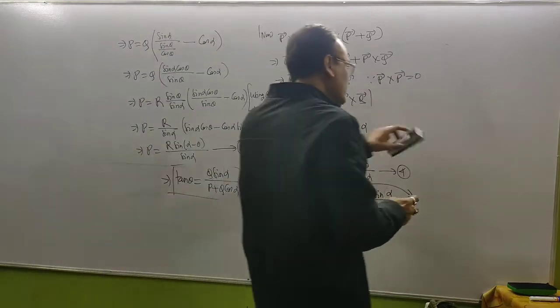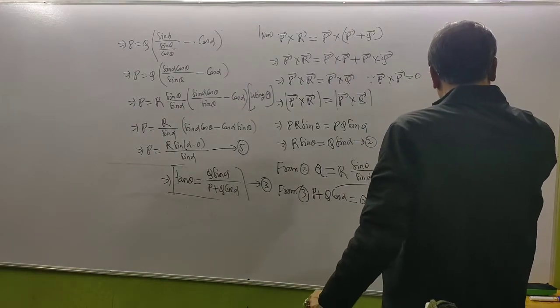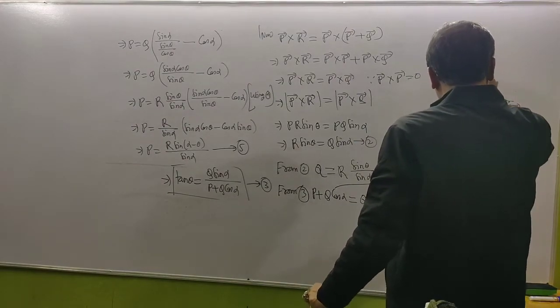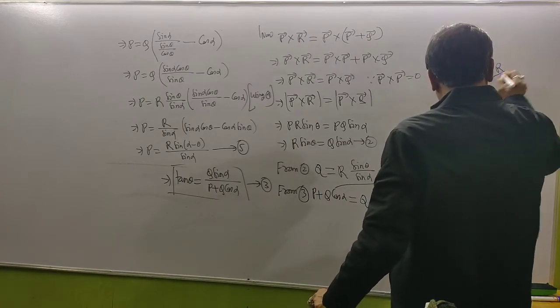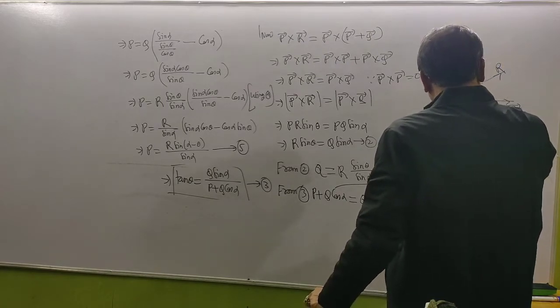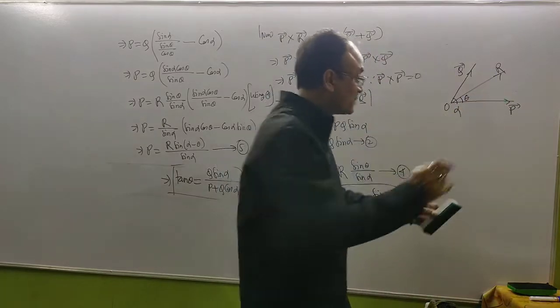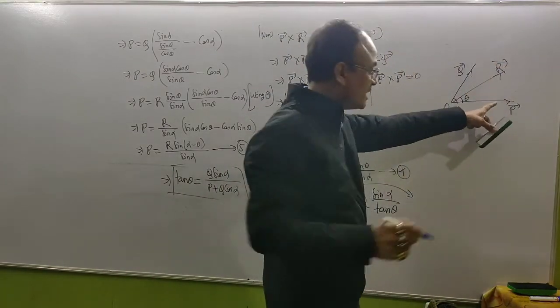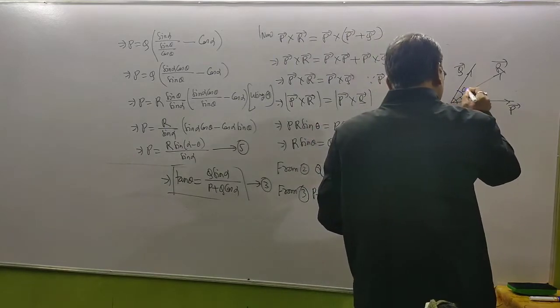Now, one thing I am going to tell you. It was force P, it is suppose Q, the resultant is R, the angle between the two forces is alpha, the angle made by the resultant R with the force P is theta. Suppose this angle is phi.